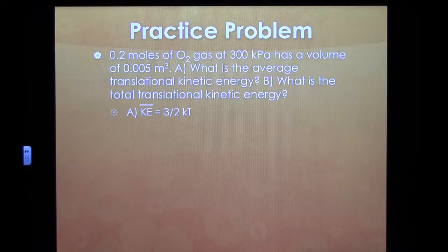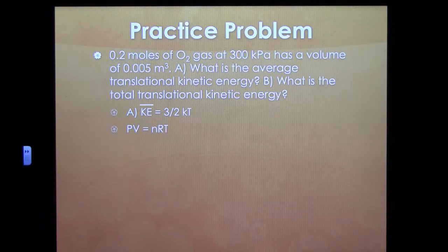For A, to find the average kinetic energy, we could use the formula 1/2 mv squared, but we don't have the mass and we don't have the speed, so we can use the alternate equation, 3/2 kT. But notice we are not specifically given the temperature. However, we have pressure and volume.